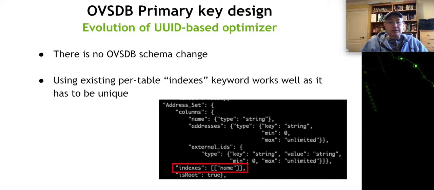All we do is look at this array and build an additional HMAP index. Completely transparently, if we have this already marked in the OVSDB schema, we automatically get some performance benefits by introducing this primary key indexer.